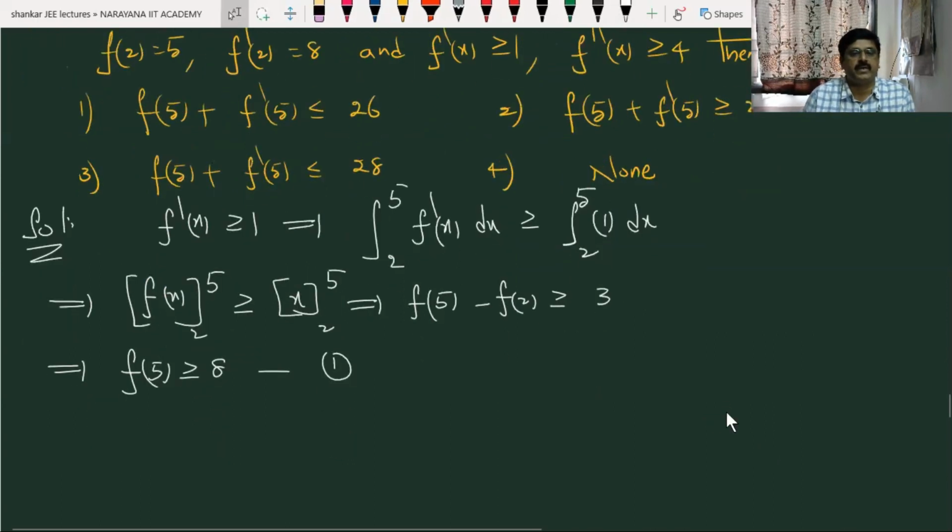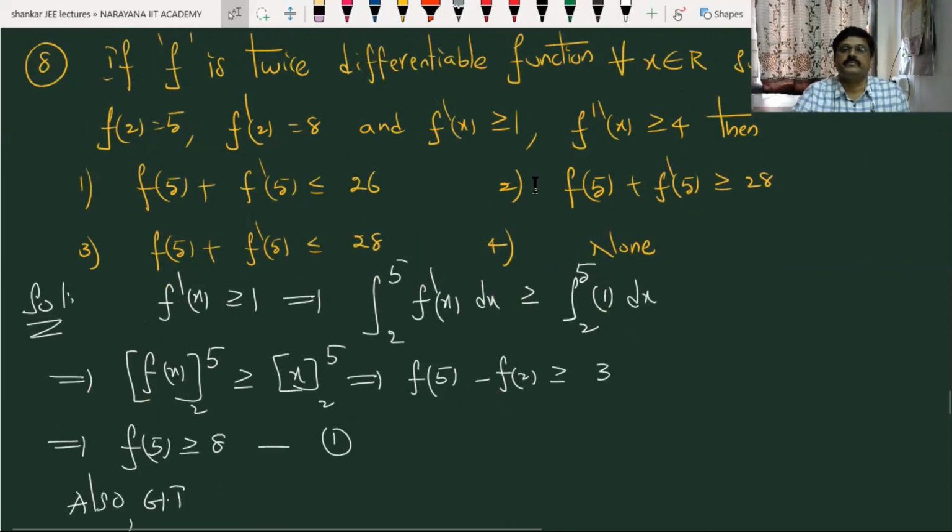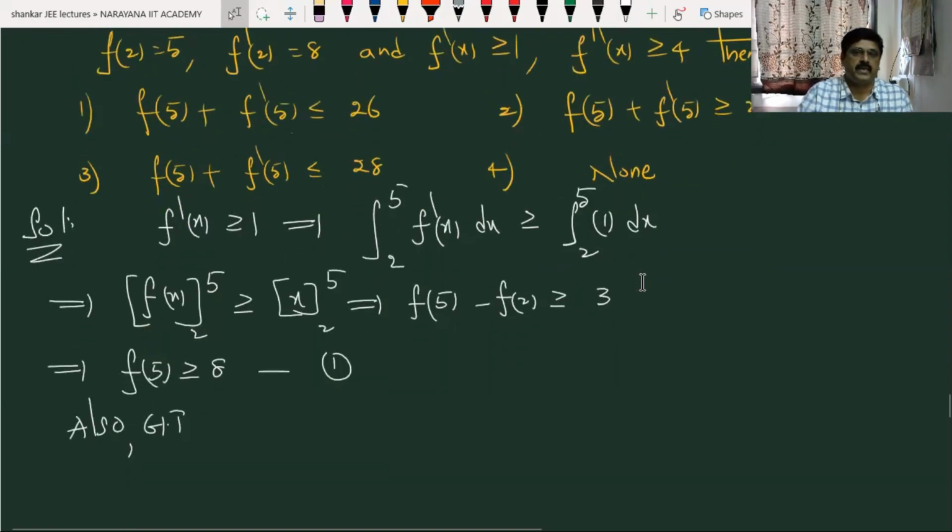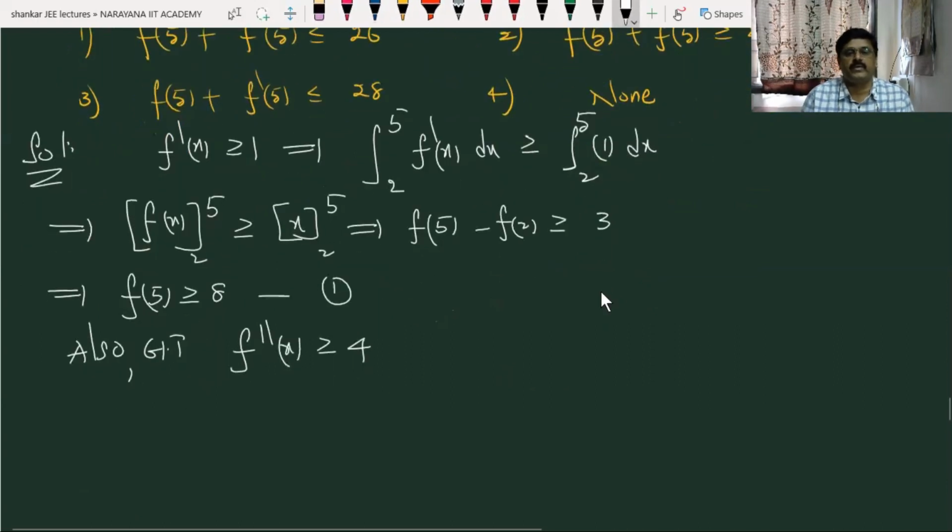Next, also given that f double dash x is greater than or equal to 4. Again, the same thing I am going to do: integral, same 2 to 5, f double dash x dx is greater than or equal to integral 2 to 5 4 dx.